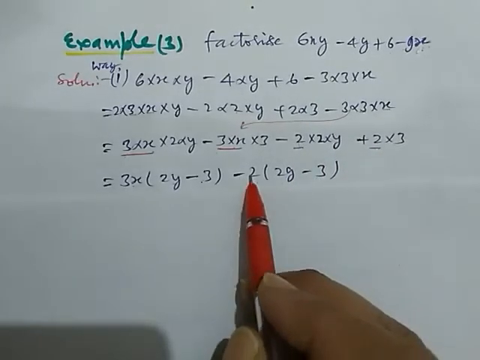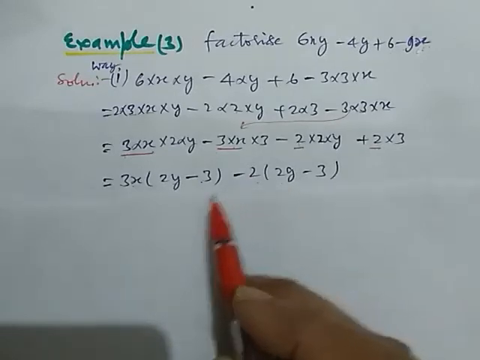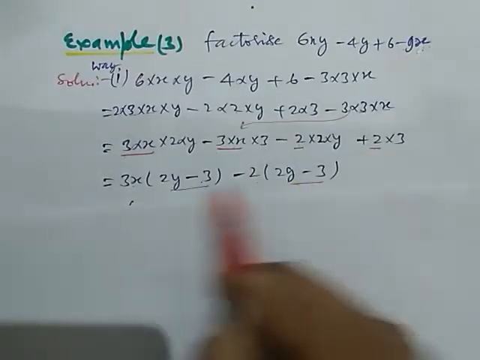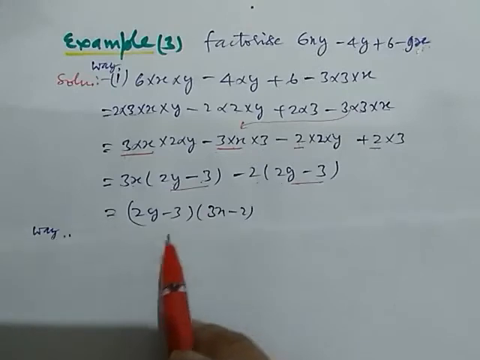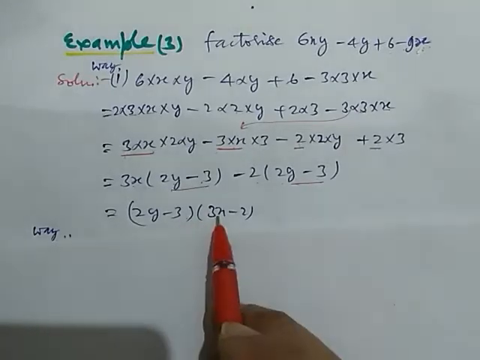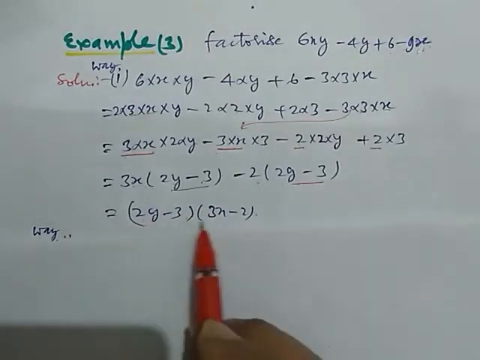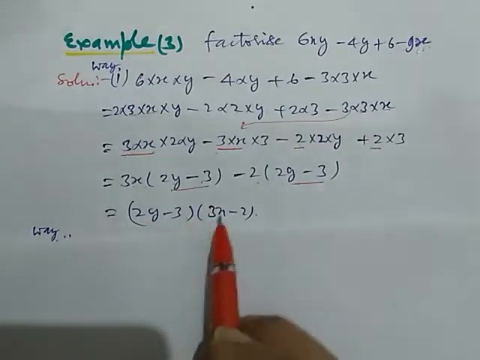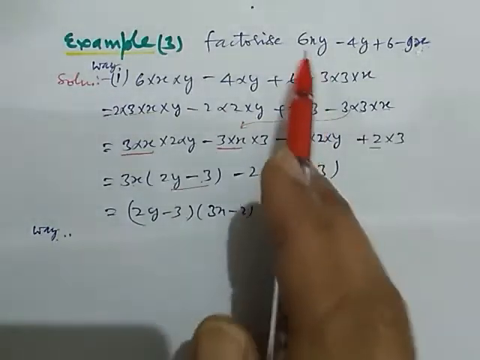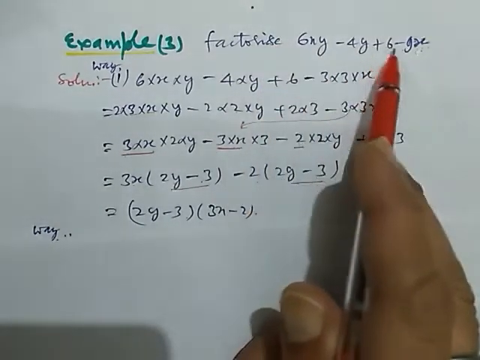So we get minus 2 into 2y minus 3. Now this 2y minus 3 is common in both these terms. So we take 2y minus 3 common, and we get 3x minus 2 as the other factor. Here there are two factors, 2y minus 3 into 3x minus 2. We get the two factors of this expression.